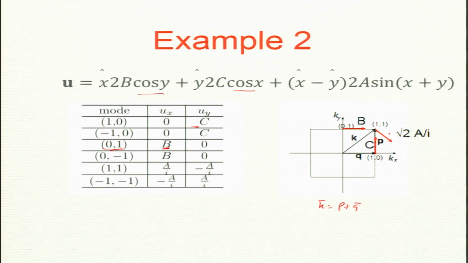I am assuming C is positive; negative would mean the arrow goes in the opposite direction. And 1 1 has both components, A by I and minus A by I, so it is in that direction, with magnitude root 2 A, and it is a complex vector. So, it is really a schematic; I can't draw it as a real vector, but like that.